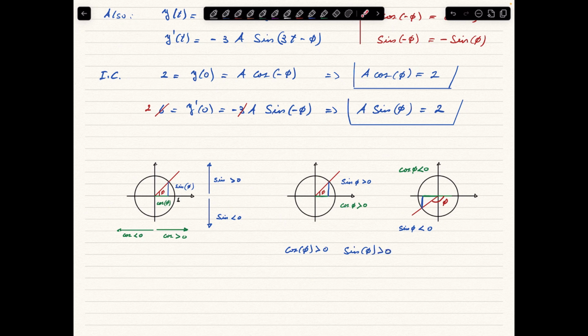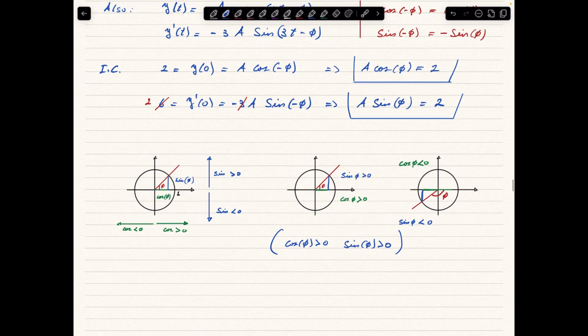So we are looking for a solution in this region. In any other region, these two conditions are not going to be satisfied at the same time. So this is just a heads up for later. Okay. So we have these two equations, and from here we are going to compute amplitude and phase shift.